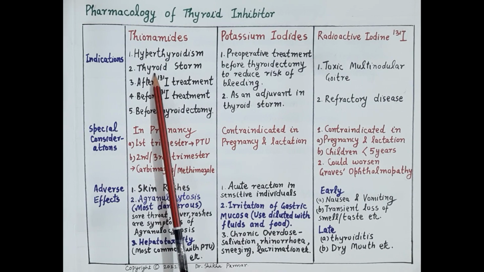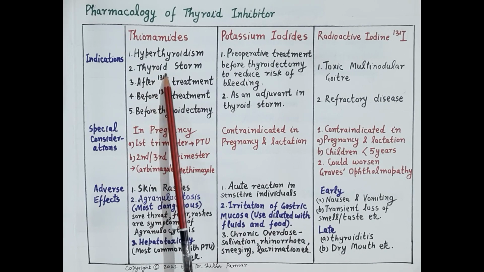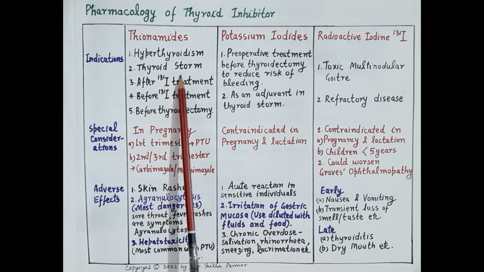It inhibits peripheral conversion of T4 to T3, and therefore propylthiouracil is a first line thionamide used for the management of thyroid storm. Now, thyroid storm is an acute life-threatening complication of hyperthyroidism. It's an emergency that requires immediate treatment.